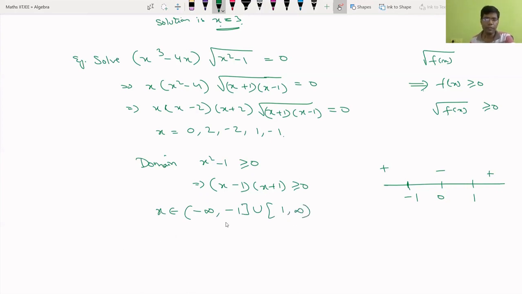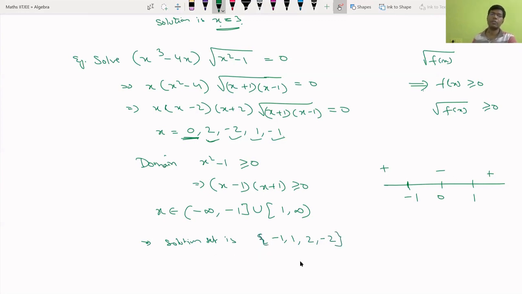But if you see, in this particular solution which we have got, 0 doesn't fall in this interval. 2 is okay, −2 is okay, 1 is okay, −1 is okay, because it's a closed interval, so we can include those values. But 0 doesn't fall. So our solution set is −1, 1, 2, −2.